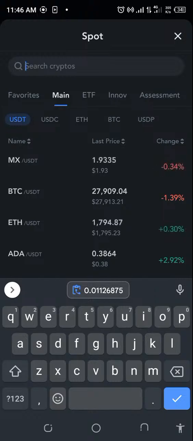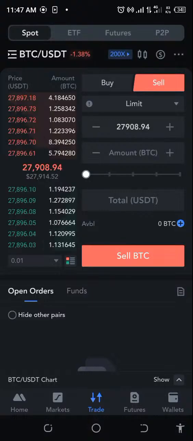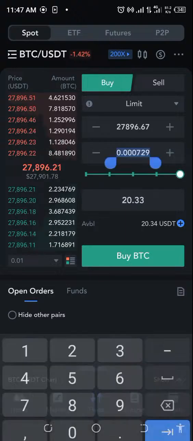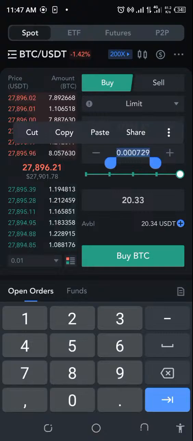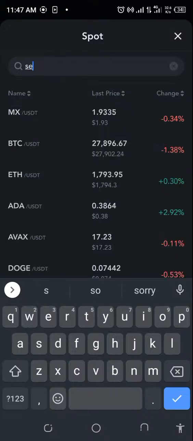Then I'll have to buy BTC, right? That's the first thing I'll need to do. Okay, so we're choosing our BTC. We need to buy. Let's buy and see what it is. Let's just pick that up, okay? It didn't pick up everything, but at least. So now let's go to Senso BTC, right?